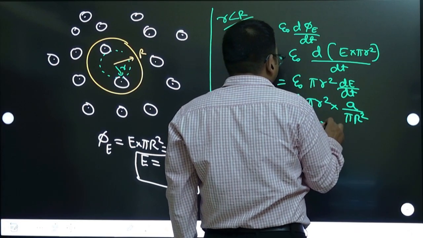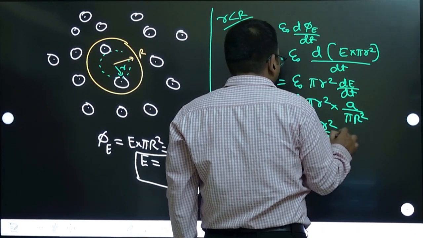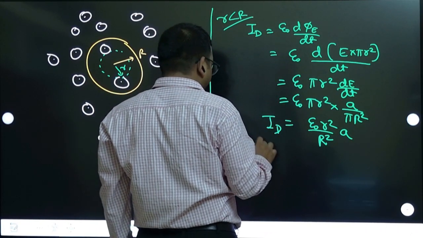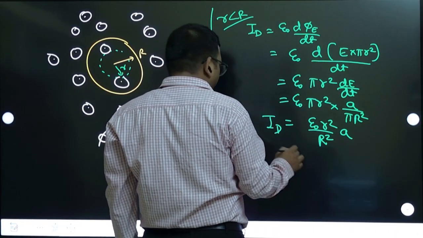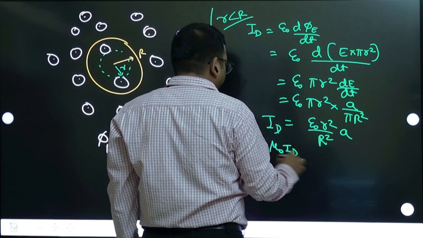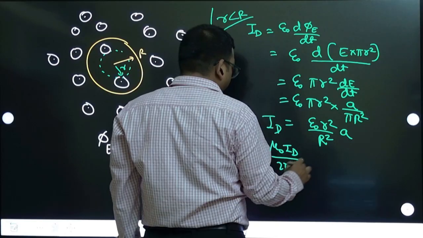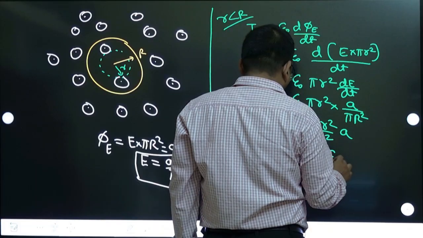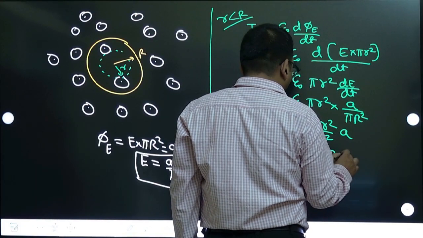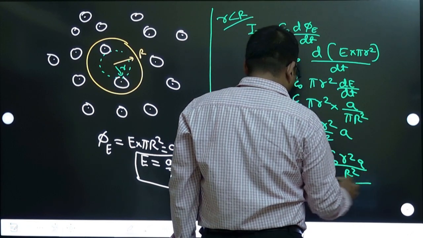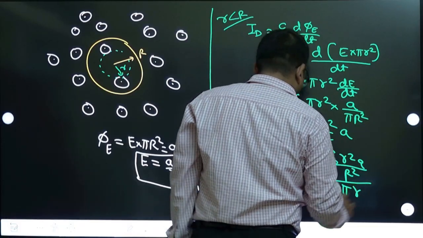So epsilon naught r square by capital R square into A. Then the magnetic field for this region is, same way, 1 by 2 pi r will divide it. So mu naught into displacement current by 2 pi r. So mu naught epsilon naught r square A by capital R square by 2 pi r.